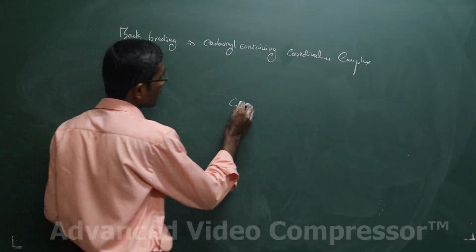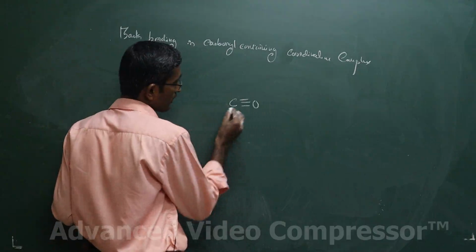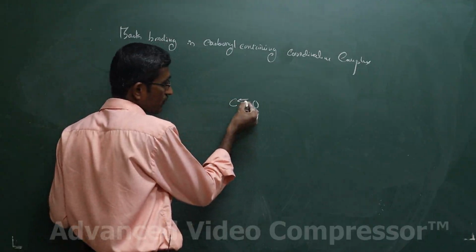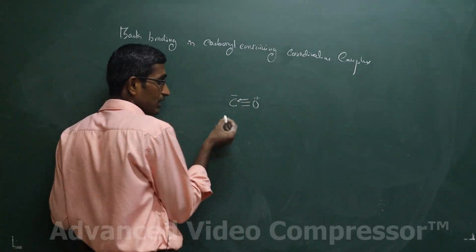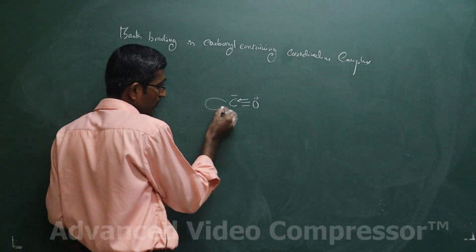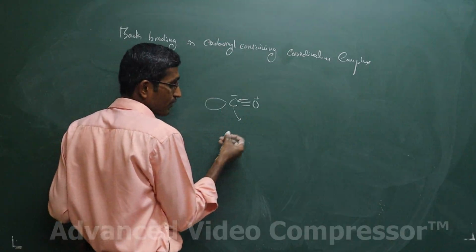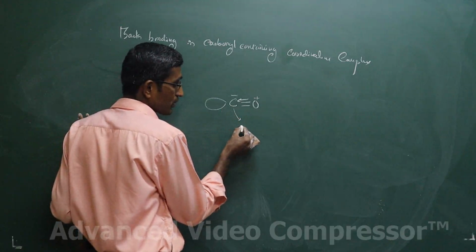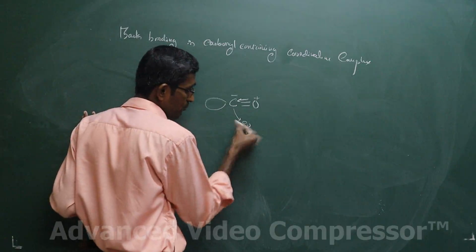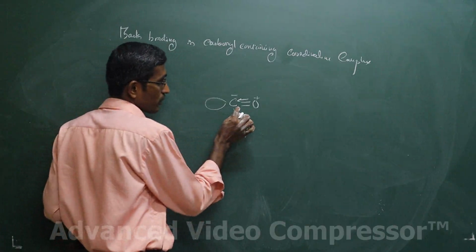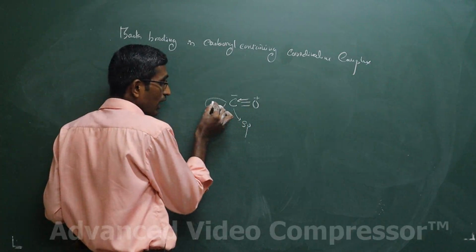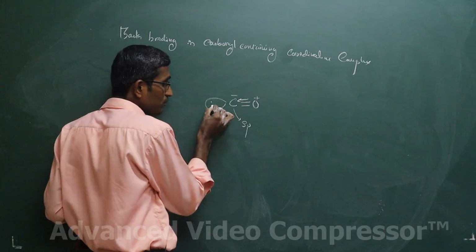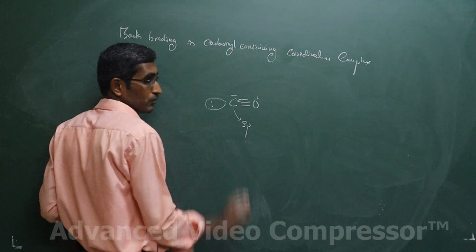If I have C double bond O, that is C triple bond O, this is basically donated by the oxygen, having a positive charge and a partly negative charge. I can write one: this is carbon, and we have seen the hybridization and the structure of carbon monoxide. This is sp hybridized. One of the sp hybridized orbitals is utilized for sigma bonding, the rest are pi bonding, and one of the sp hybridized orbitals contains a lone pair of electrons.